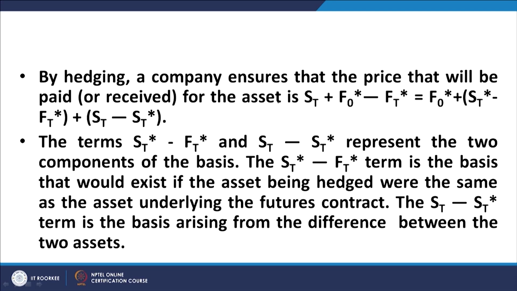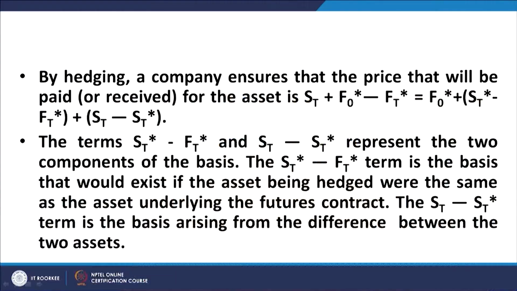For example, let us consider that I want to sell an asset in the spot market and I want to hedge that asset by taking a futures position. The futures that I use for hedging have an underlying asset which is different from the asset that I own, which I want to sell.